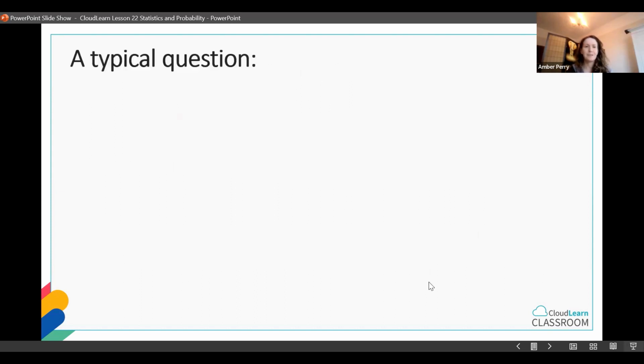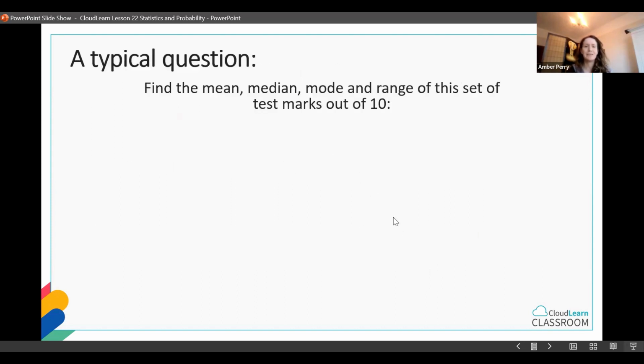Okay, so typically you might be given a set of numbers, especially if you're doing the foundation paper. You might be given a set of numbers like this, and then asked to find the mean, median, mode, and range, okay? So you should know how to find those 4 things. So a quick reminder, the mean is we add them all up and divide by how many there are.